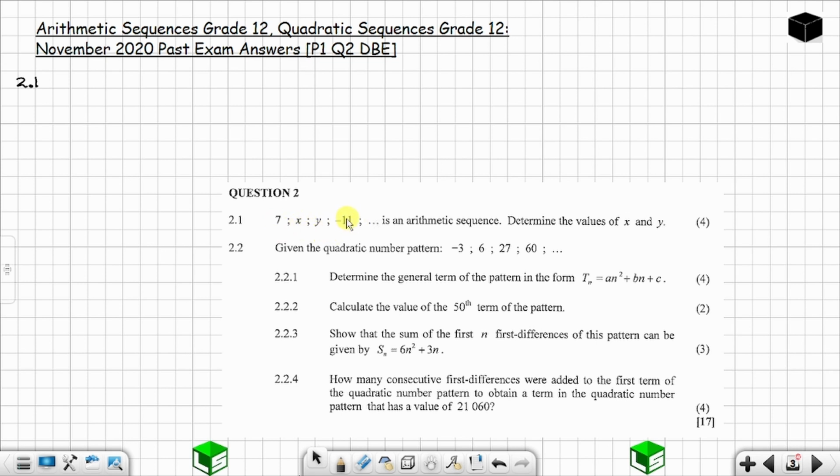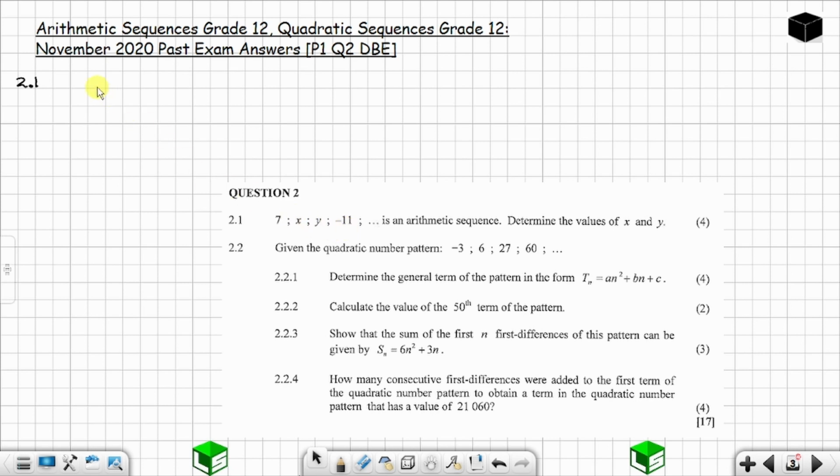You always take the next term minus the previous term, and that is equal to the other next term minus the previous term. This is how you find the common difference for an arithmetic sequence.